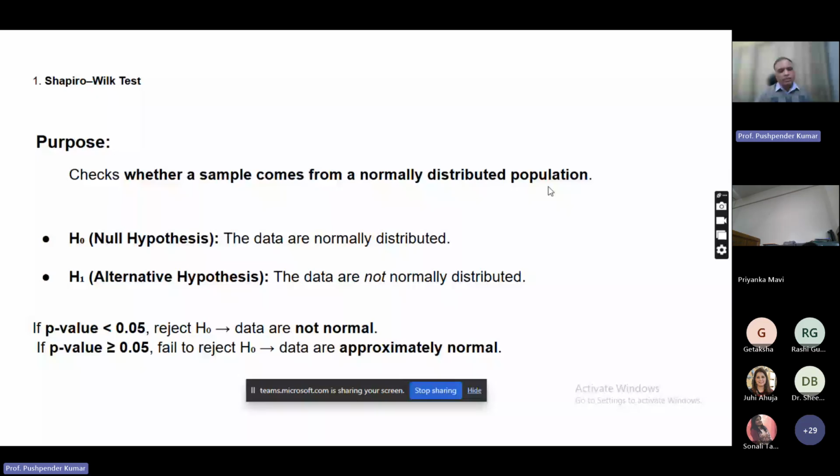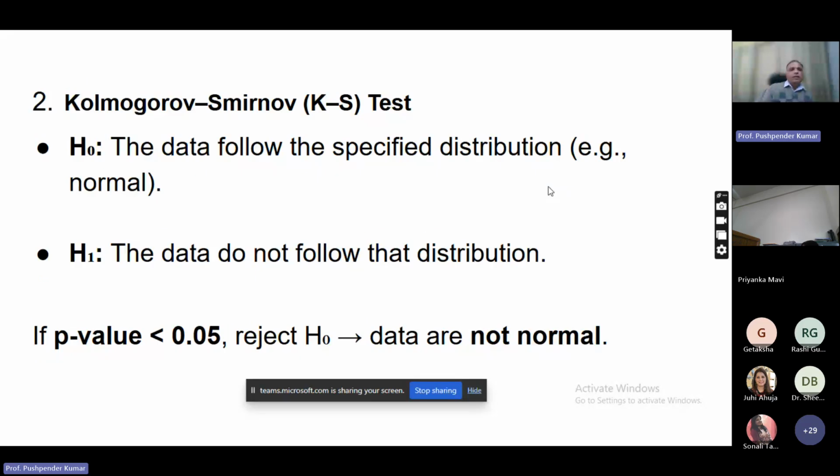If the p-value is less than 0.05, reject: the data are not normal. If the p-value is more than 0.05, fail to reject: the data are approximately normal. It's a very important caveat here, ladies and gentlemen. Check this.